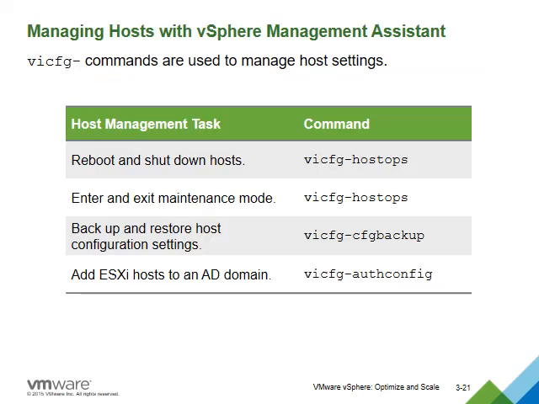When managing your host with the VMware Management Assistant, the commands are directed at a specific ESXi host, and you'll notice here that the vicfg commands can reboot and shut down your host. They can enter and exit maintenance mode. They can back up and restore your host configuration settings, and they can also add an ESXi host to an Active Directory domain.